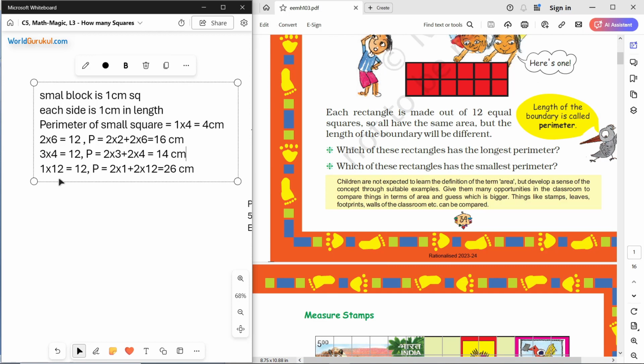Right? So area is always length by breadth, and the perimeter is sum of all the sides. You got the concept? Area is length multiplied by width or breadth, we can call, and perimeter is sum of all sides.